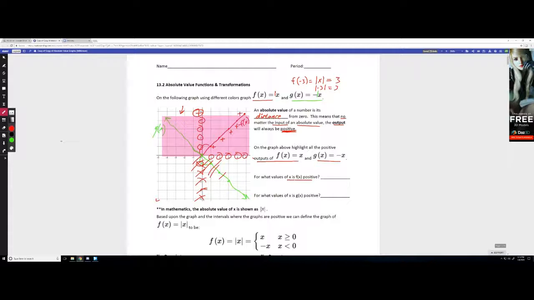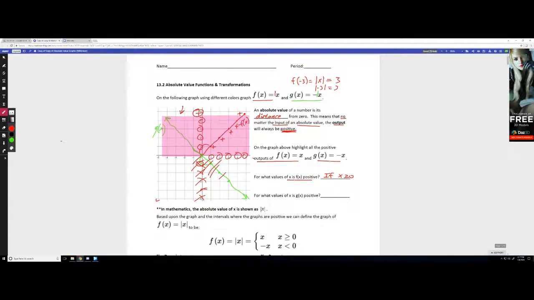We all get positive outputs in that region. So f of x is positive basically when your input is greater than or equal to 0.